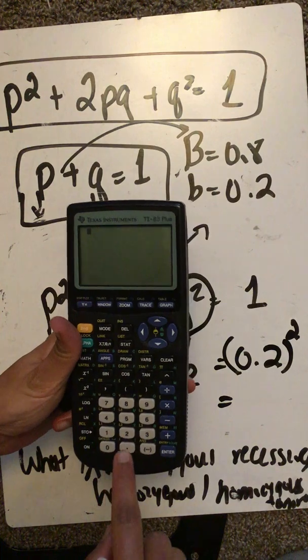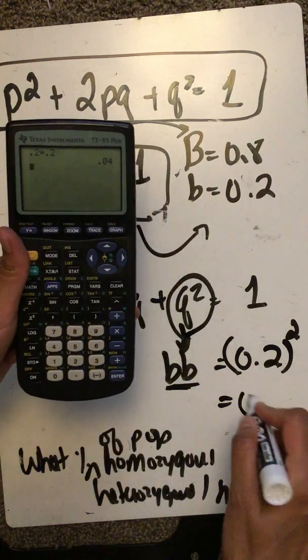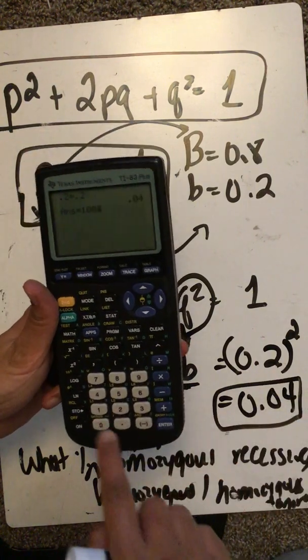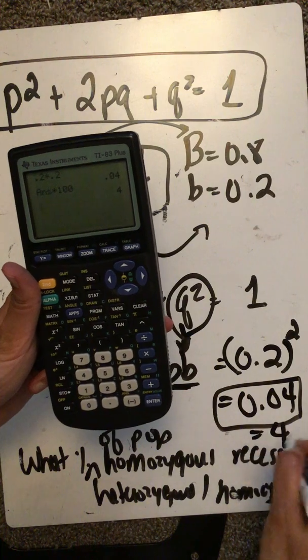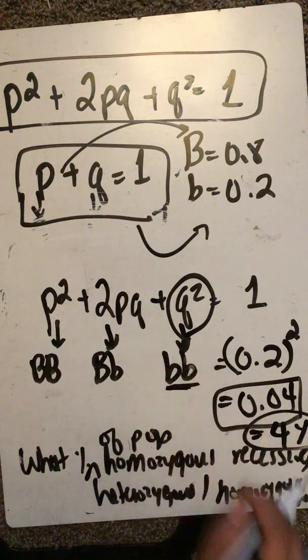So 0.2 times 0.2 is 0.04. Multiply that by 100%, and 4% of the population has blue eyes, or is homozygous recessive.